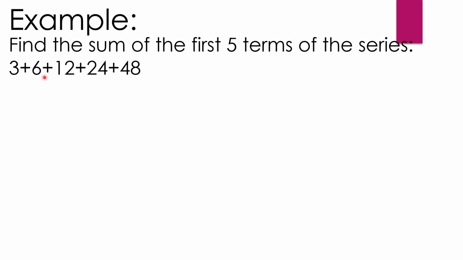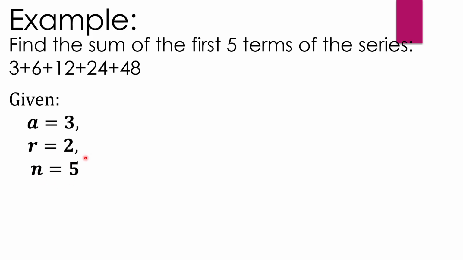So let's have some examples. Example number 1. Find the sum of the first 5 terms of the series. We already have the given series, wherein 3, 6, 12, 24, and 48 is a geometric series. First thing that we're going to do is to list down all our given. Our first term is 3, the common ratio is 2, and n is 5.